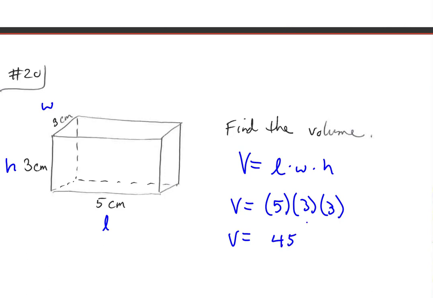Now, the units for this box are given in the diagram as centimeters, so we'll put centimeters after 45, but then volume is always cubic units, so really we have to say 45 centimeters cubed, which is just a power of 3, written right up above the cm as that superscript there for the power of centimeters.